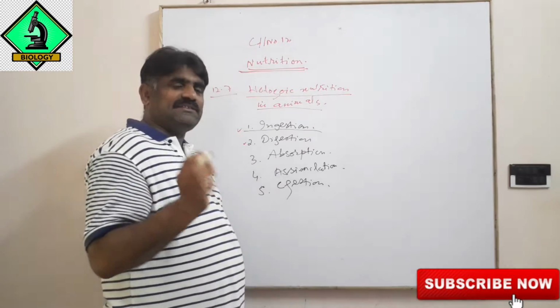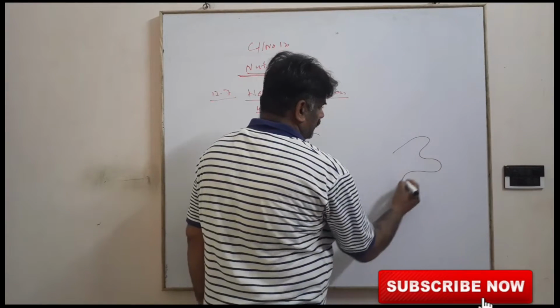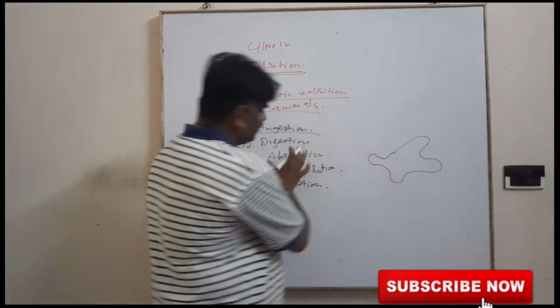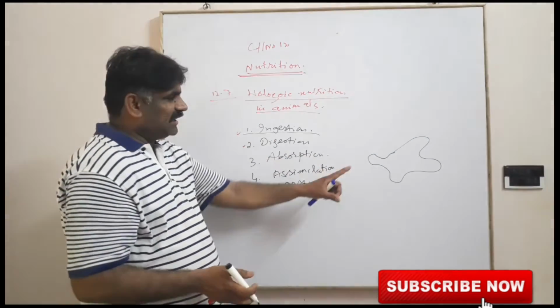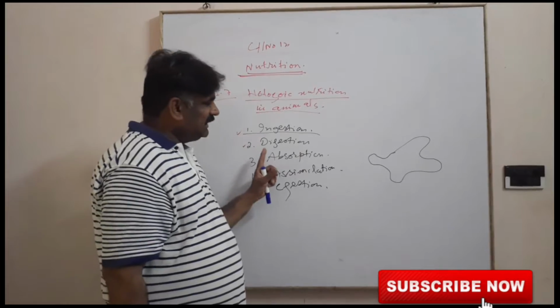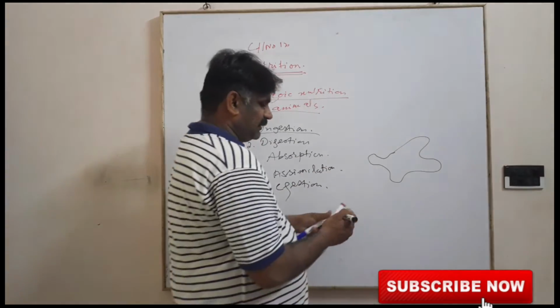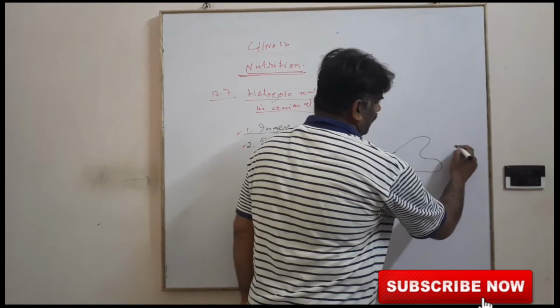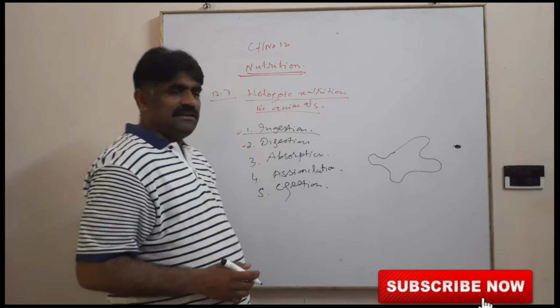Suppose we take an example from a common protozoa. You will follow these steps in amoeba, and see how amoeba performs them. Now suppose amoeba feeds upon any other microscopic organism.